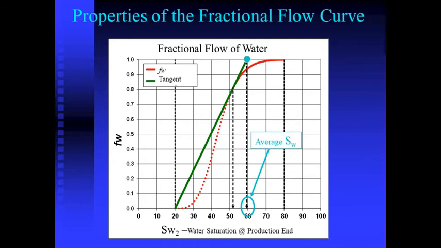Any tangent drawn later indicates, at the point of tangency, the saturation of the production end, while the intersection point with the upper axis indicates the average water saturation of the system. Both values become identical at the end of the displacement because, under these conditions, the entire system is in residual oil saturation.